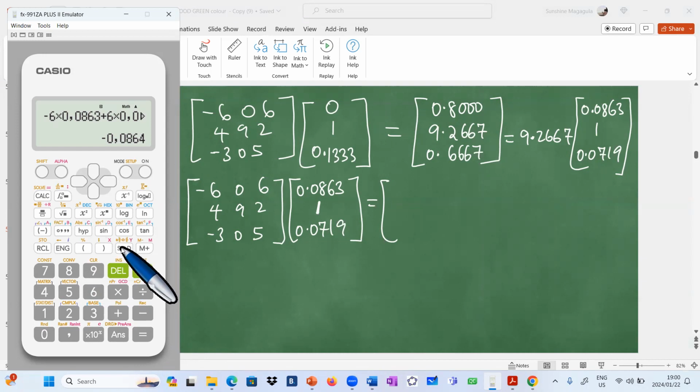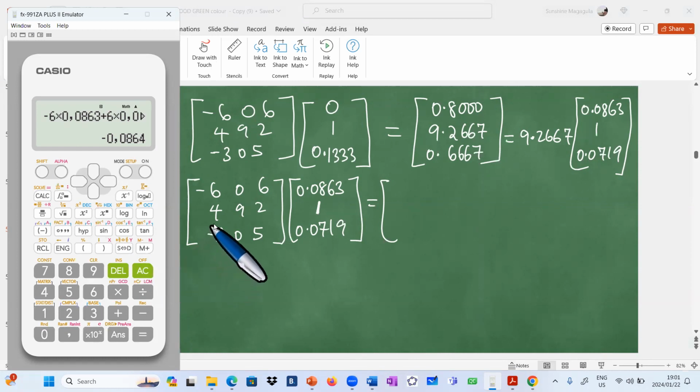Okay, so what we're then getting here is exactly that entry. Obviously to 4 decimals, it's minus 0.0864.